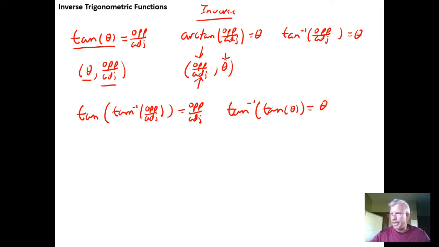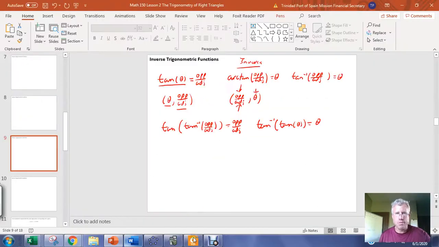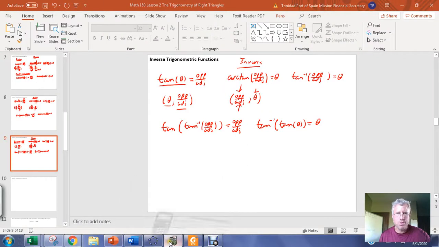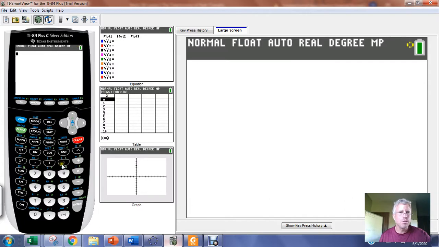Now on the calculator, these inverse functions, cosine inverse, sine inverse, tangent inverse, all are on the keys corresponding to the sine, the cosine, and the tangent. So the sine inverse is directly above the sine.